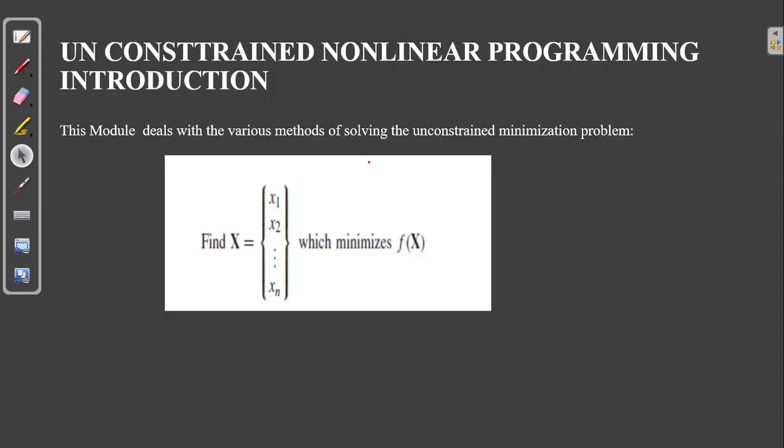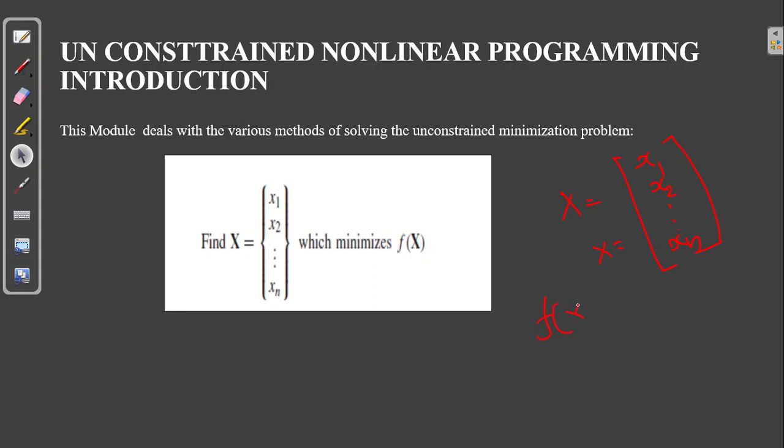Okay. So this module deals with the various methods of solving unconstrained optimization problems. That means finding X, where X means vector x. It will have some variables x1, x2, etc. N number of variables we will have, and you have to find this vector x that minimizes f of x.